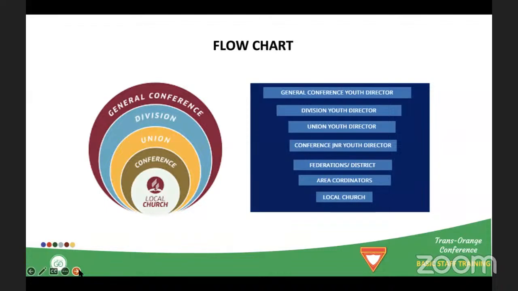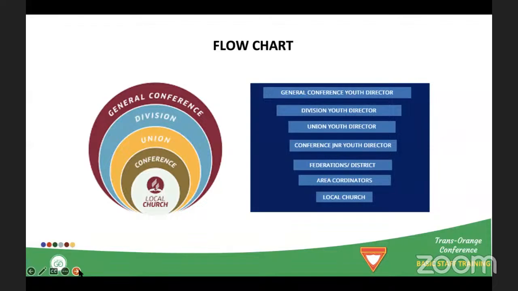The structure was the other one, which is the one on my left. Whereas after some time, we had the federations in place, which made life easier for the conference director, because he cannot attend all the churches, all the districts, because he is just one.